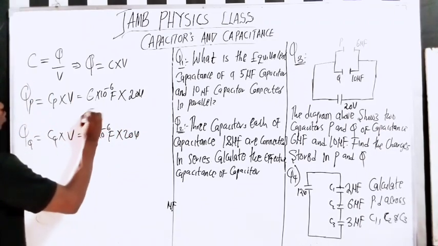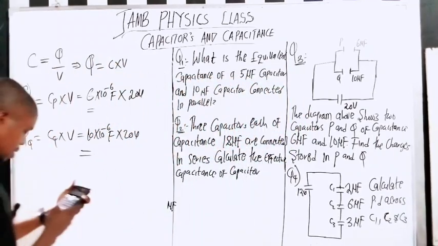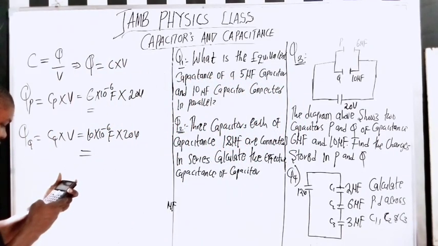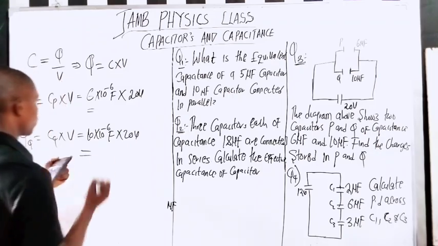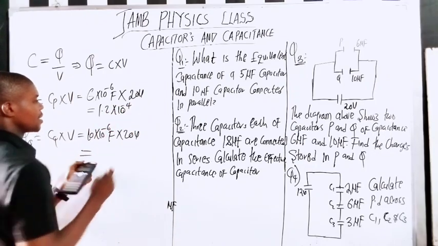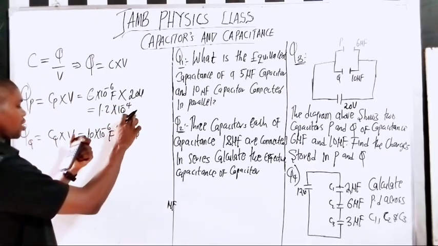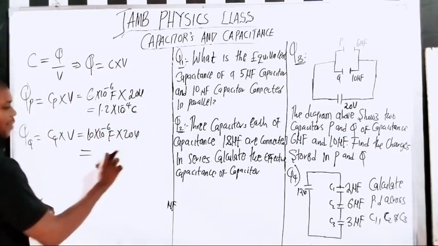Can you see that? So what will be the answer here? We have 6 exponential minus 6 times 20, which gives 1.2 exponential minus 4. The unit is coulomb, right?